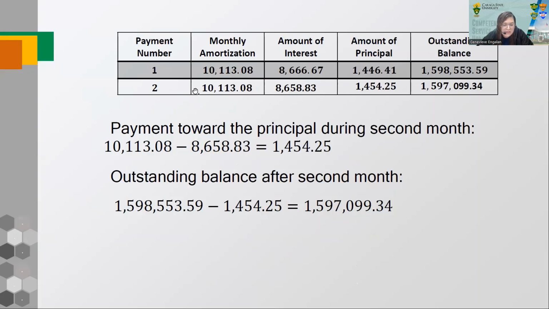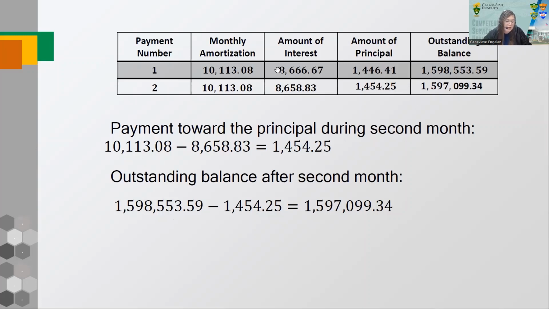Again, our monthly amortization is fixed, no? So our monthly amortization of 10,113.08 minus the interest we computed earlier gives the amount of principal paid. This we also subtract from our debt or balance: 1,598,553.59 minus the principal paid. That is what remains of our debt by the second month.